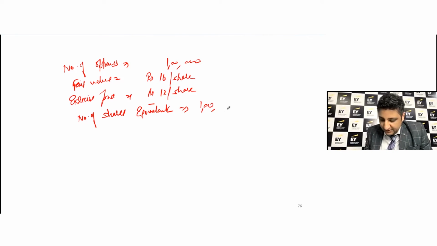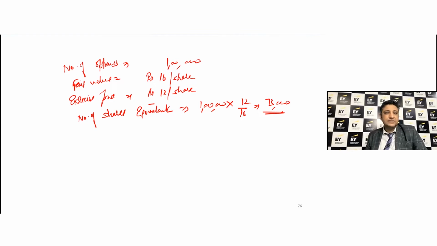We can simply say that's going to be 1 lakh into 12 by 16, that becomes 75,000. Which suggests that while you are issuing 1 lakh shares, you are only collecting money for 75,000 shares.